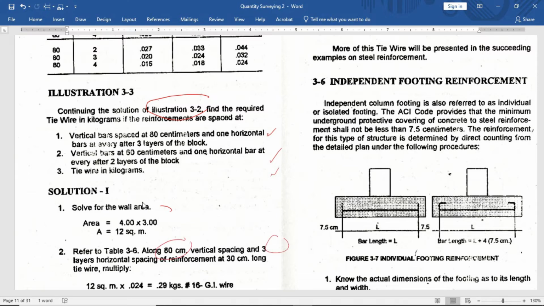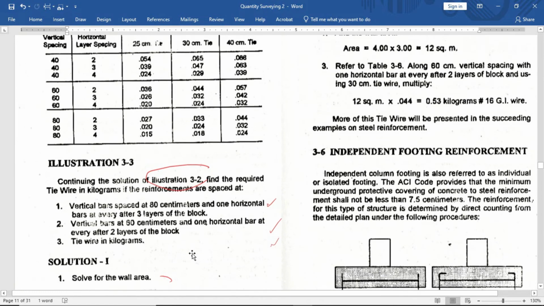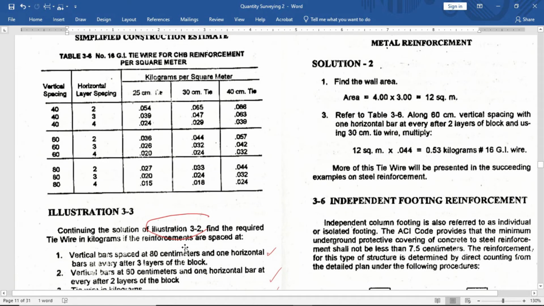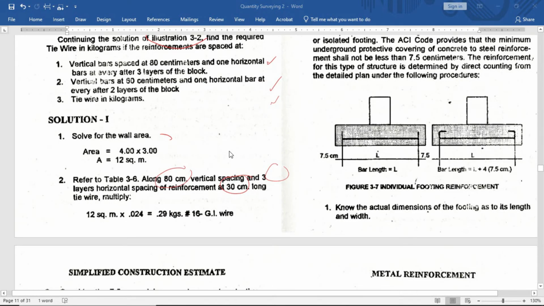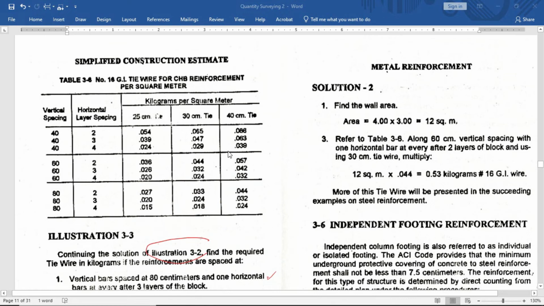So horizontal reinforcement at 30 centimeters long tie wire. So 80 tapos 3 layers daw. 'Di ba sabi ko kanina, ang kadalasan na length ng ano natin, tie wire is 25 to 40.